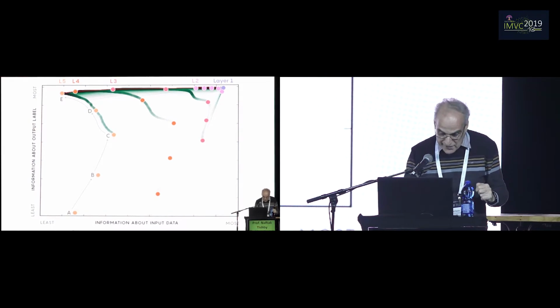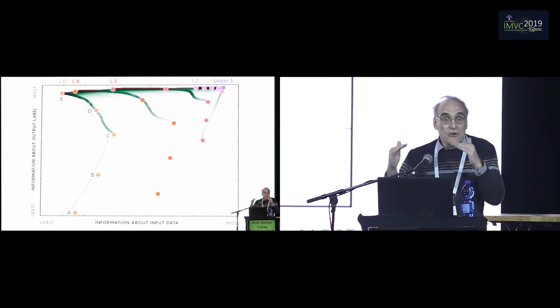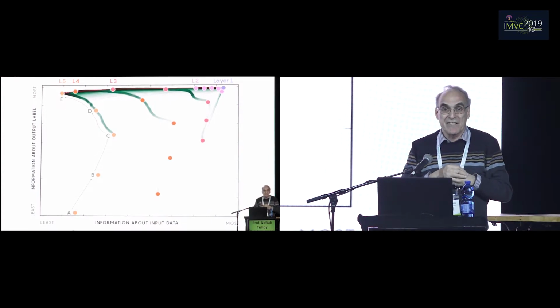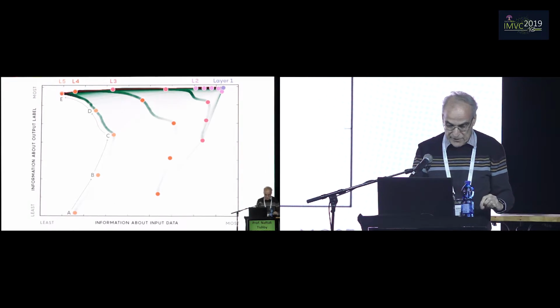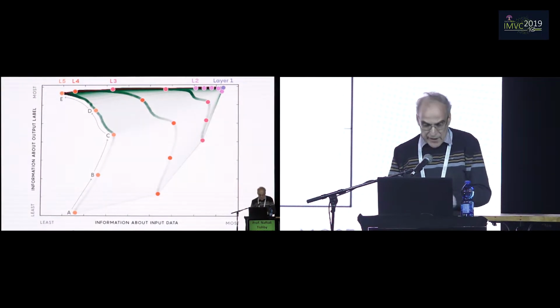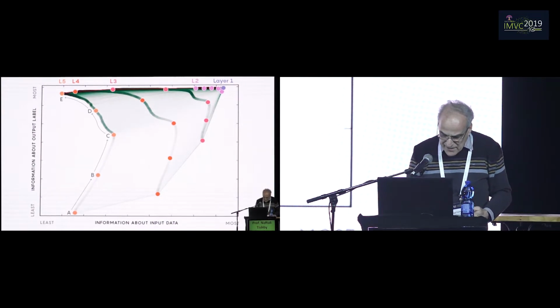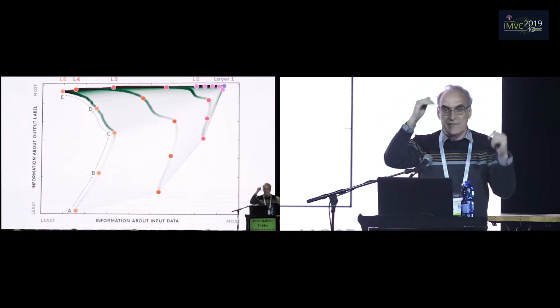But most of the work, and the most interesting part of the work, is happening from C to E, where the last layer forgets much of the details of the input and eventually gets to very good generalization, which is predicting the label essentially perfectly. And it happens layer by layer. Each layer is doing it, and each layer eventually ends in a different place in this plane. This is layer 2, this is layer 3, and so on. And you see that they stop in different places.